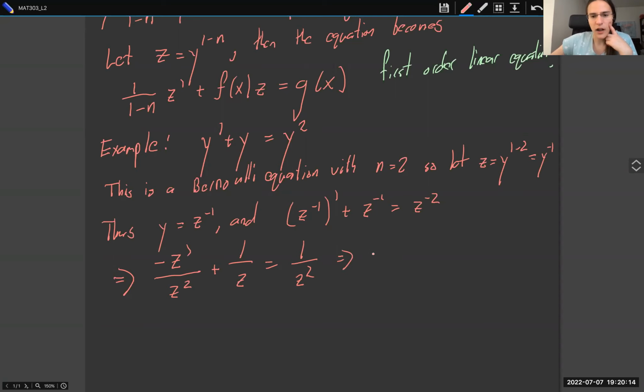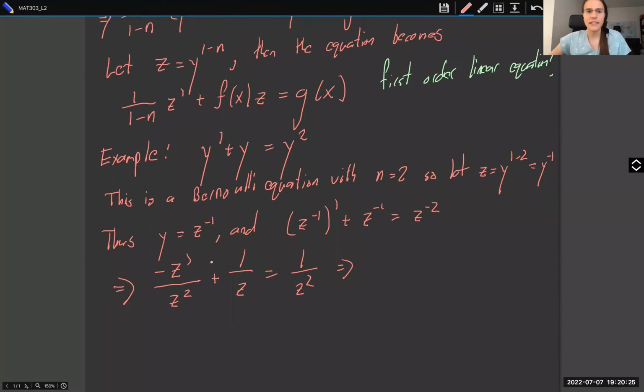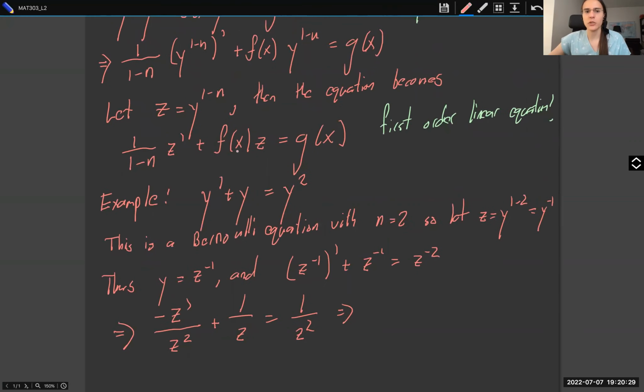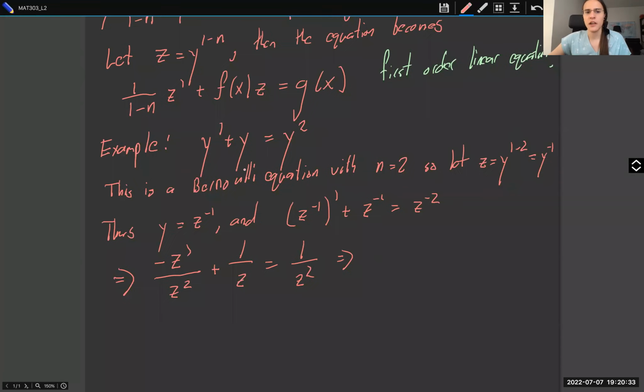And you know what? I don't want the minus sign on my prime term. I want to write it in the form that it's usually a linear differential equation. And we know that it's going to reduce to a linear differential equation because we showed that when we made the substitution in general, it reduced to a linear differential equation.